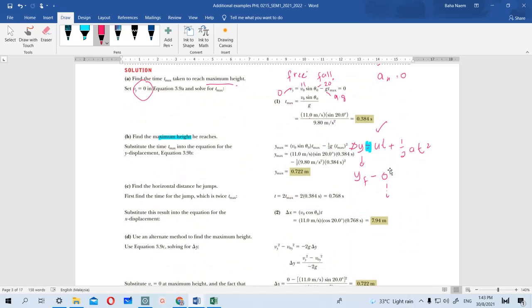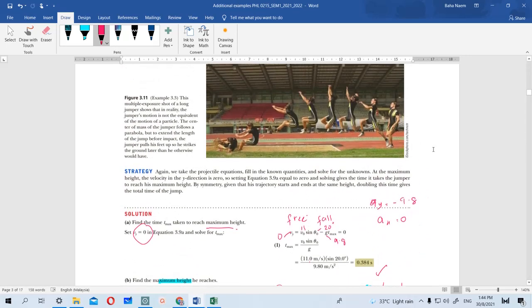So that's the reason why when we simplify on the left side, it's just left with y final. So this is the y final just now. And u must be in the y direction. So what would be the y direction? 11 sine 20. And the t just now, substitute. So it's as if you set a limit. This is the initial, and you substitute the time that he reaches here.